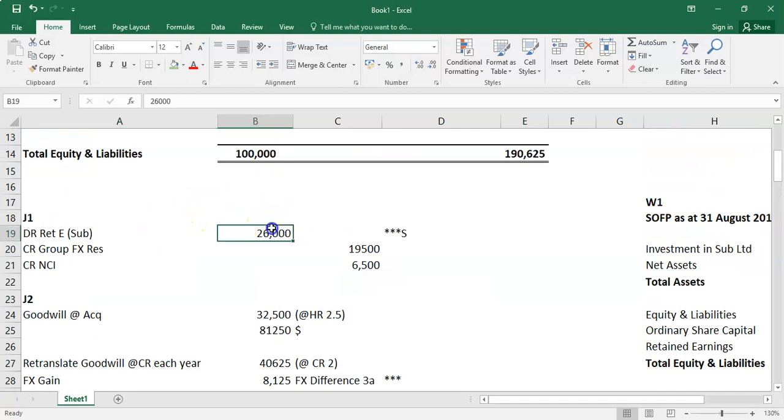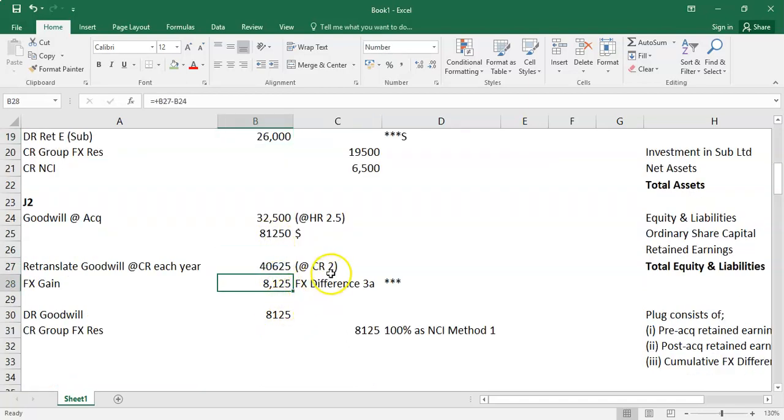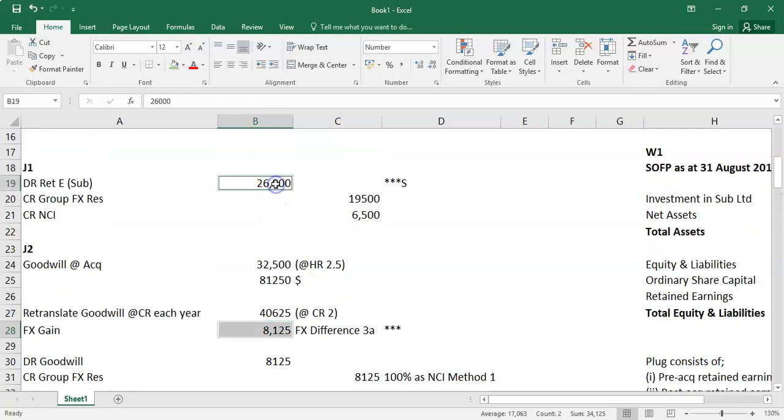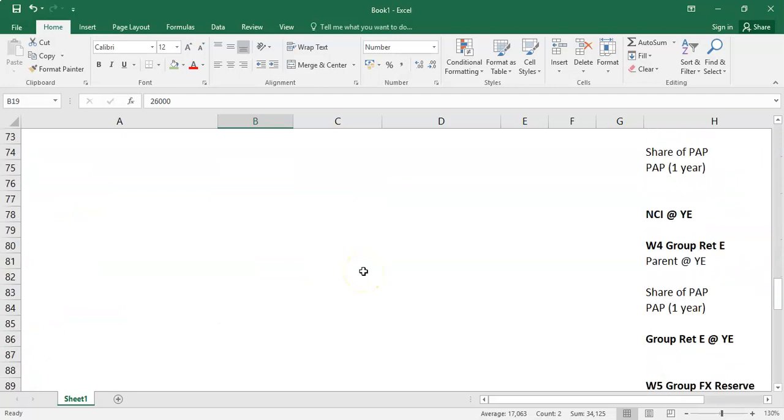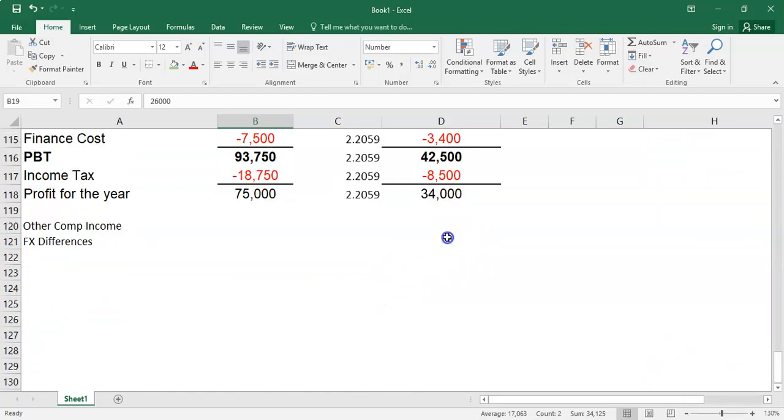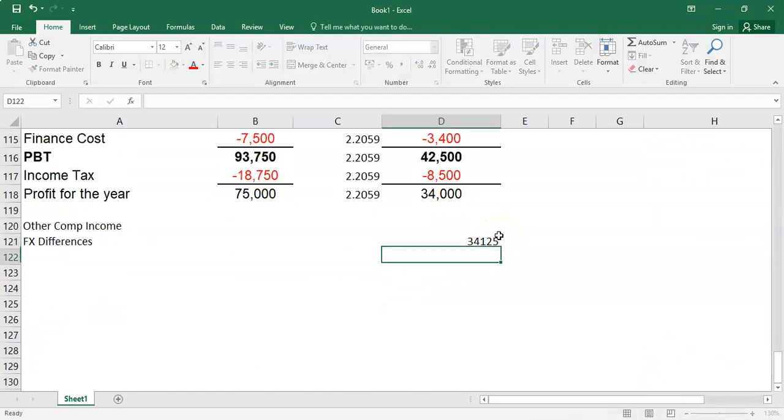If we go back up, the 26,000, the full amount is an FX difference, and it'll be split between the group and the NCI. Likewise, the 8125 is an FX difference. So the two of them added together are your FX differences for your P&L. The reason it's simplistic here is they're all current year. If there's any prior year, you'd have to do more workings to split it out. So here, that's going to be 34,125.